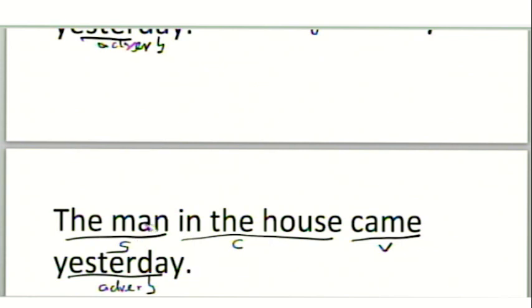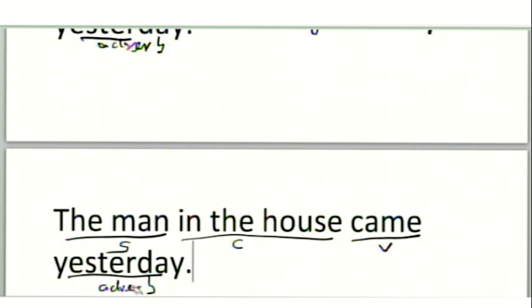The subject can be a noun or a noun phrase. For example, I can replace the man with John. Okay. The adjective can be a phrase or an adjective. The verb can be a verb phrase or a verb. For instance, I can say the man in the house is coming, which is a verb phrase.